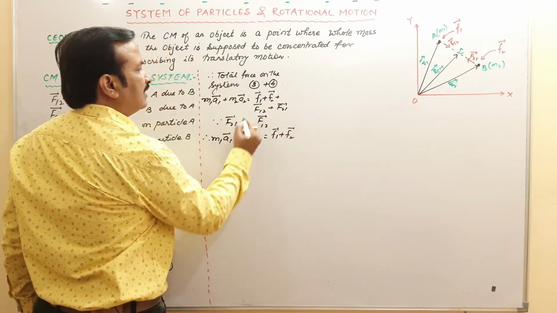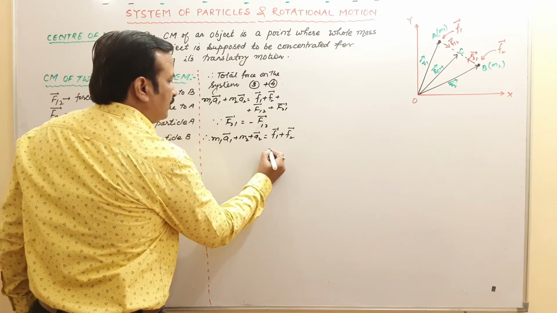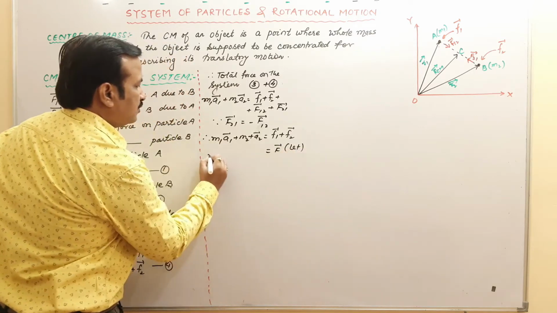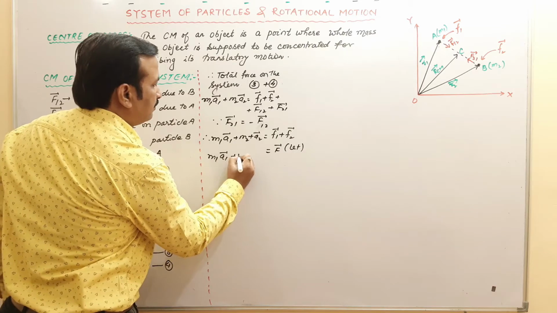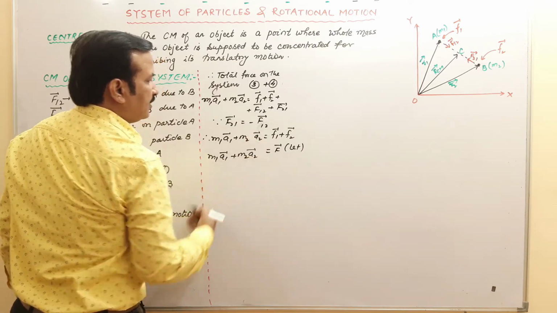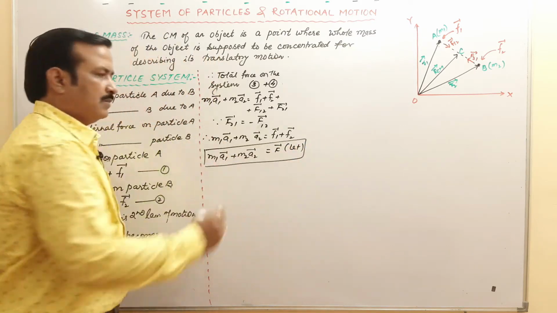This will cancel, right? Suppose it is equal to f. So we will have m1 a1 plus m2 a2. This is the total force acting on the system.